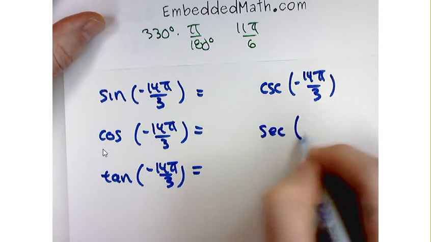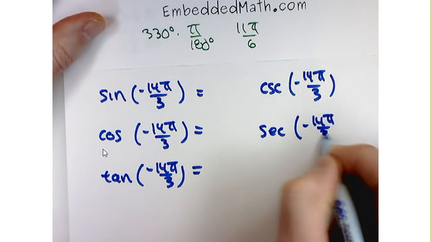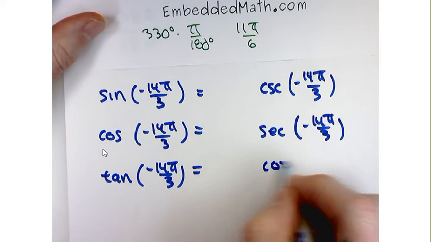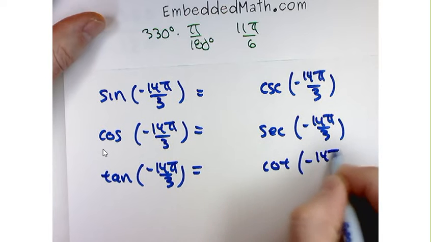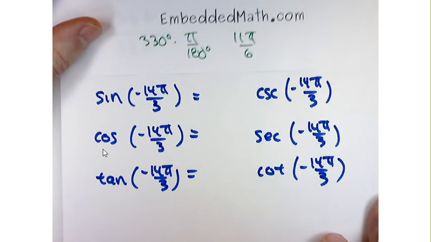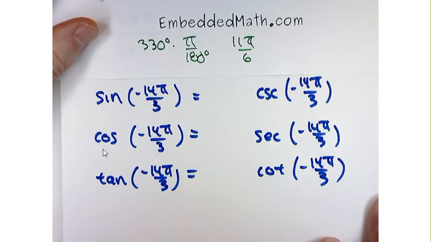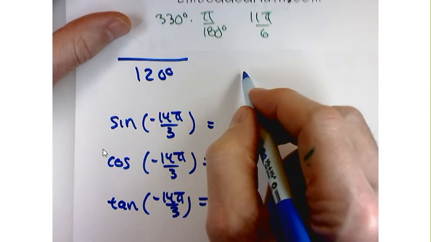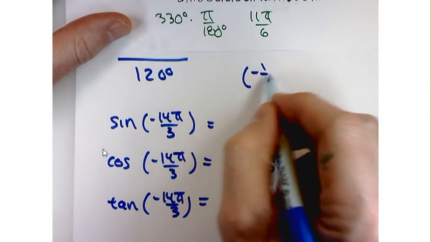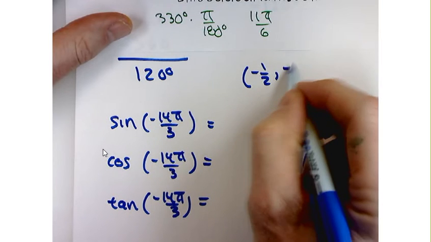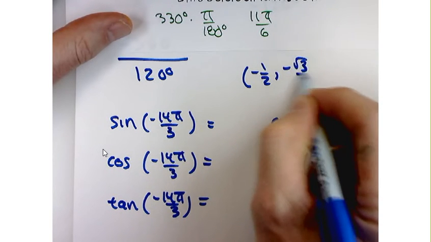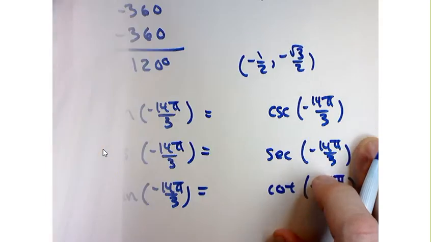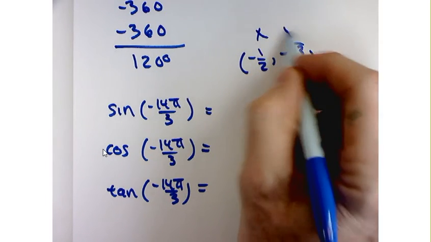Secant of negative 14 pi over 3. And finally, cotangent of negative 14 pi over 3. Now it's all going to go back to that point on the unit circle. So let me just write it up here for my convenience. Negative 1/2 and negative square root of 3 over 2. So there's your x and y coordinates at that point.